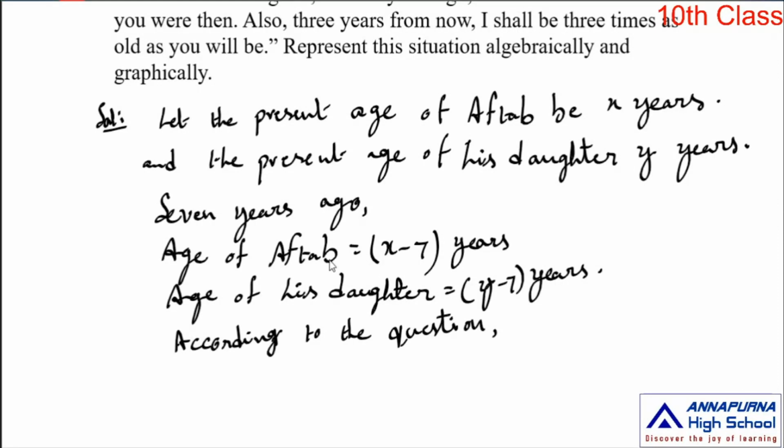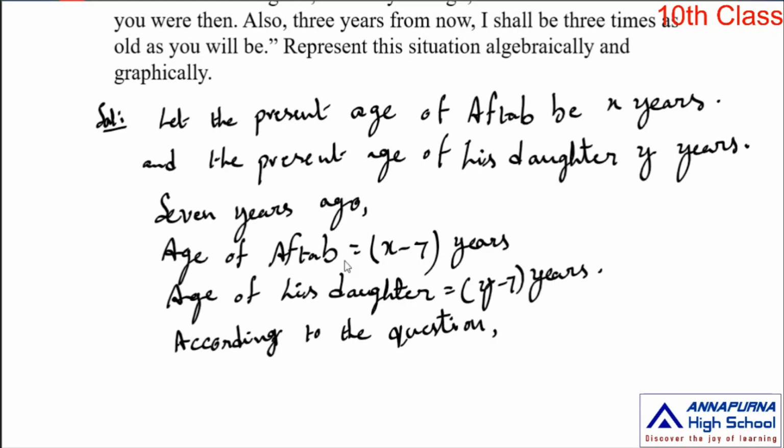So 7 years ago Aftab's age was x minus 7 years and his daughter's age was y minus 7 years. According to this question, if you multiply daughter's age by 7, you get Aftab's age.